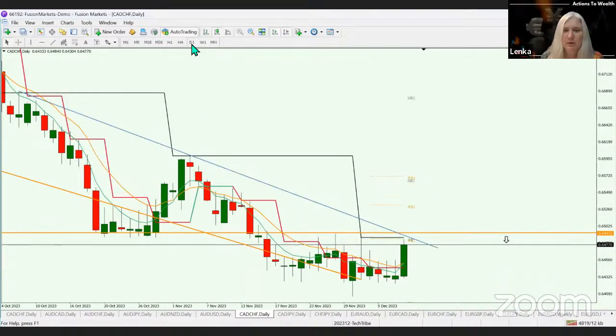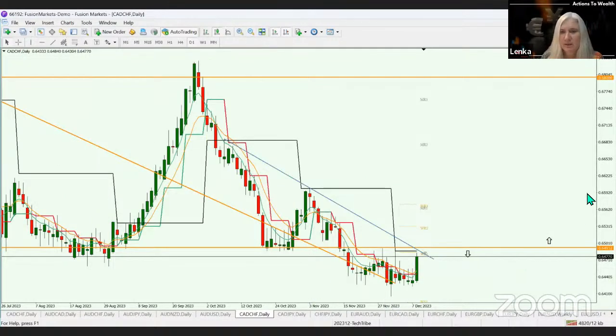Let's have a look on daily. So daily, price action is currently still under the previous lows, so would be looking for short opportunities. We had a couple of pushbacks here, but didn't go far enough. So now that's pretty much the range.